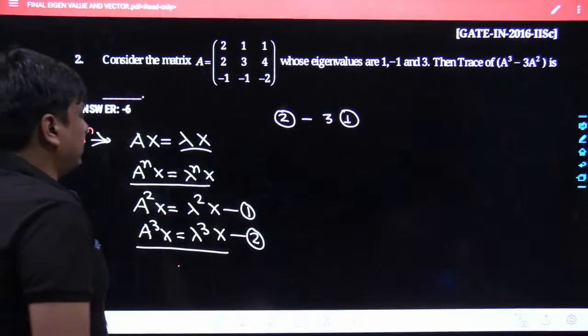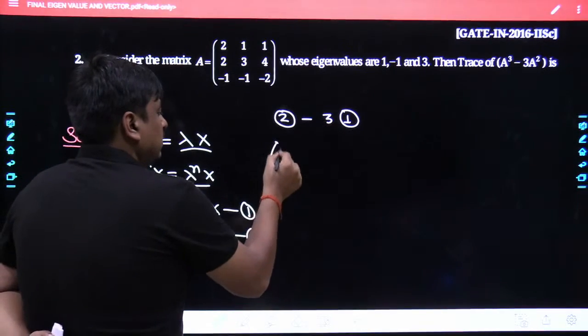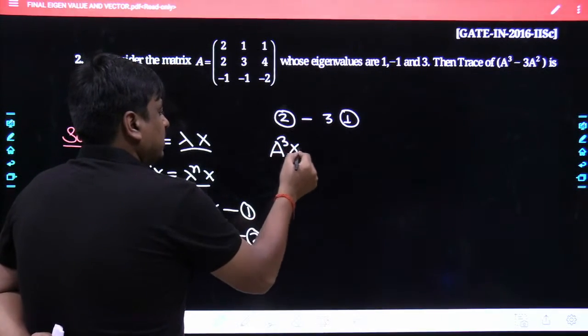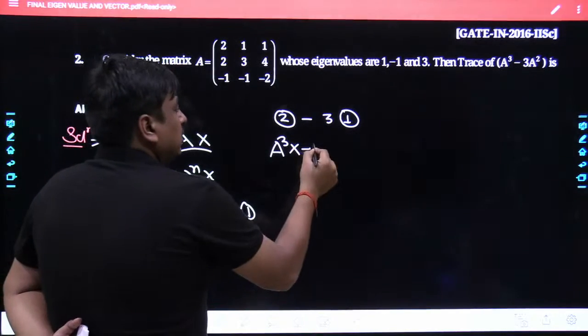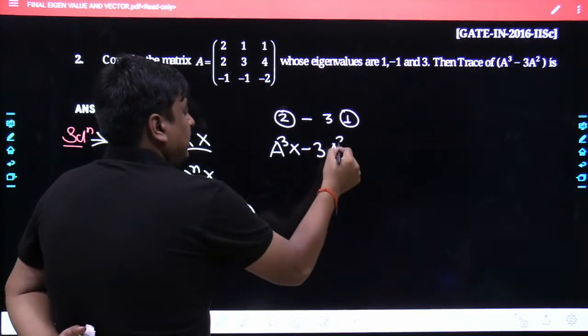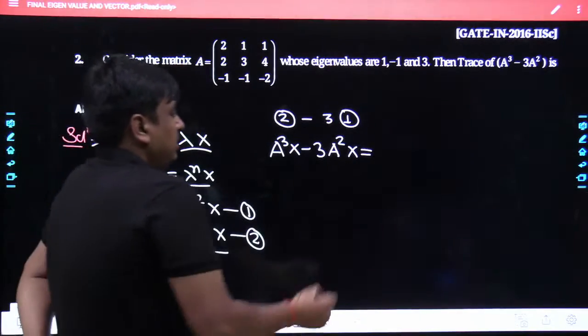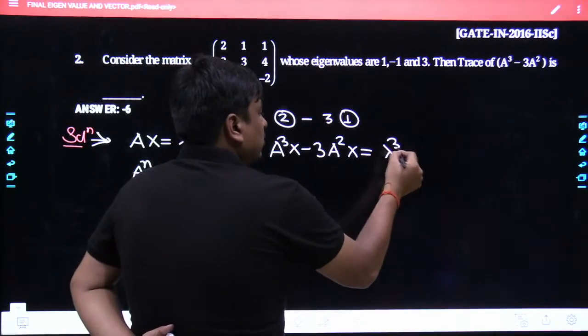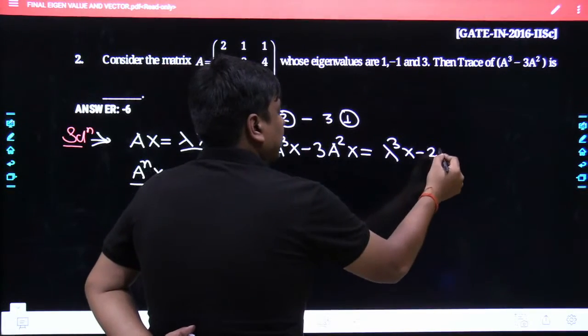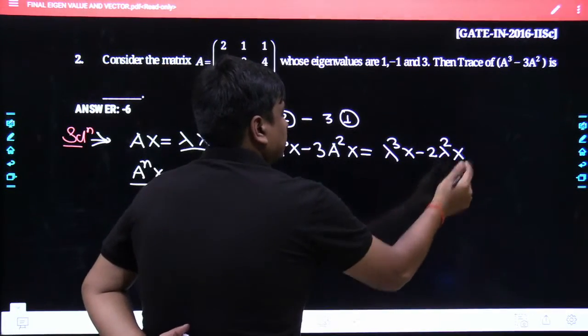So here at the left hand side it becomes A cube x minus 3 times A square x. At the right hand side it becomes lambda cube x minus 3 times lambda square x.